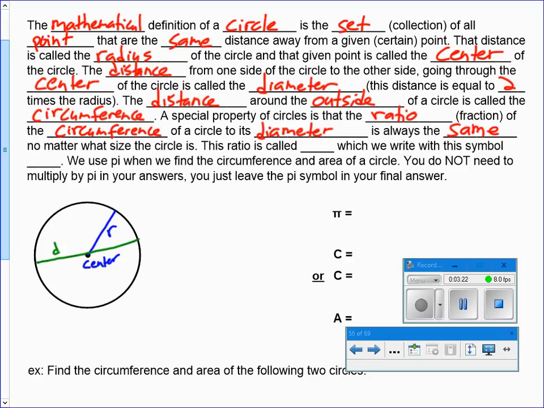No matter what size the circle is, that ratio, that fraction you take with the circumference and diameter, is always going to be the same. That ratio is called pi. We use this symbol for pi.